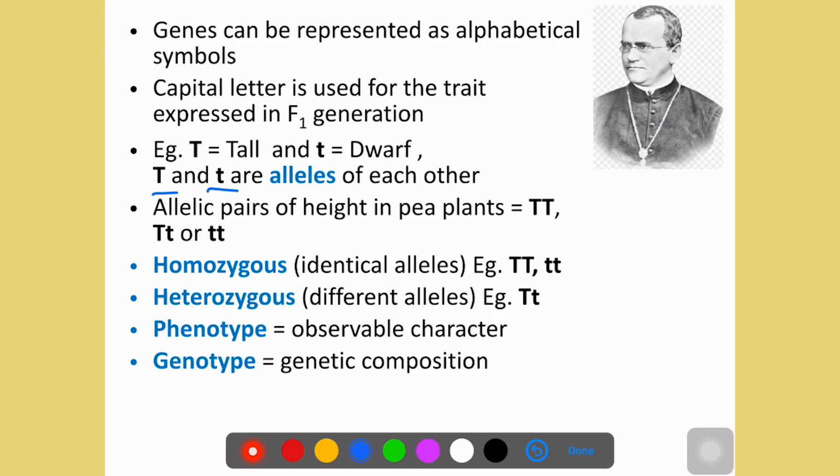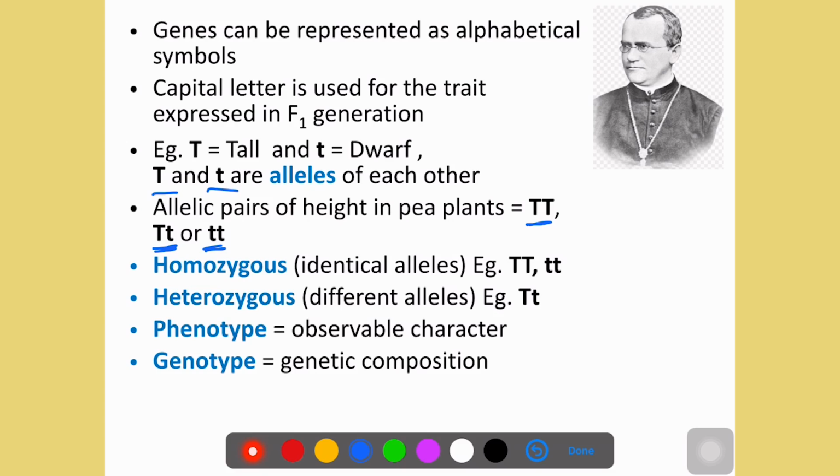So what are the possible combinations of these alleles in pea plants? They should occur in pairs because pea plants are diploid organisms. So each pea plant will contain a pair of alleles. So these are the possible combinations. A pea plant can either have this allele combination, 2 capital T's, this allele combination, 1 capital T and a small t, and this allele composition, that is 2 small t's.